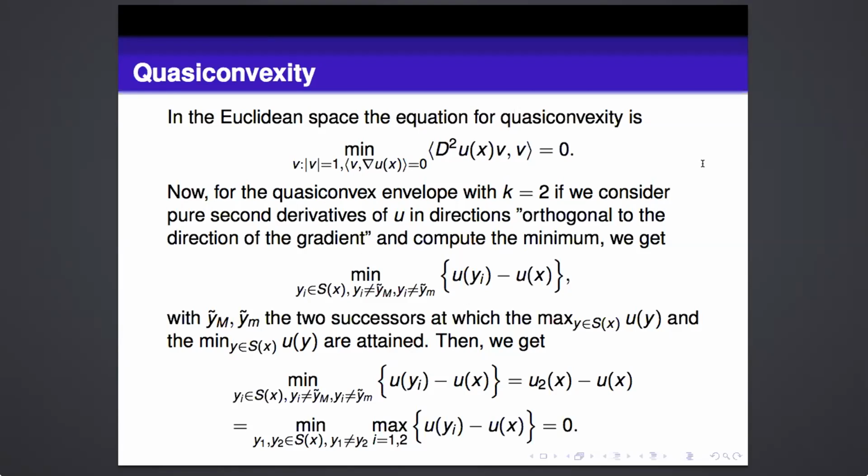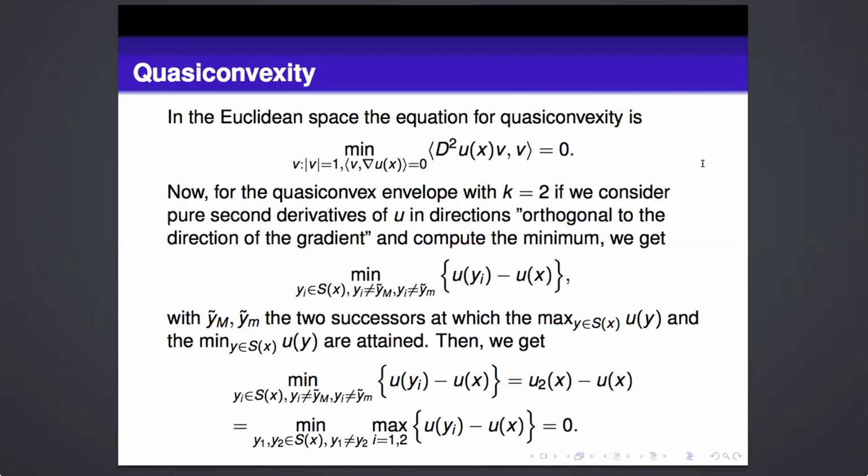And what you are saying is that the minimum of all possible second derivatives in the directions orthogonal to the gradient is going to be equal to 0. This is something related to quasi-convexity. And this is a result of Barron, Jensen, and somebody else that I don't remember. Sorry about that.